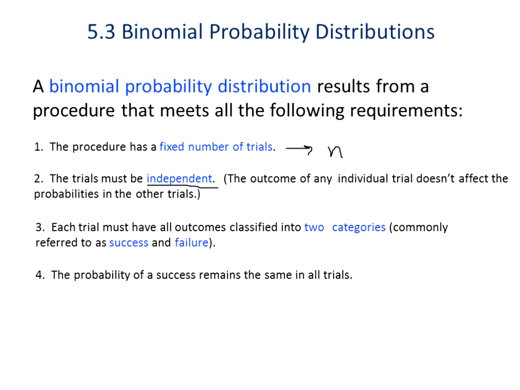So either you have a success or a failure. So you can only have 2 outcomes, success or failure. And the probability of a success is going to remain the same for all trials. The probability can't change. So this is a special type of probability distribution. Again, it's called a binomial probability distribution.